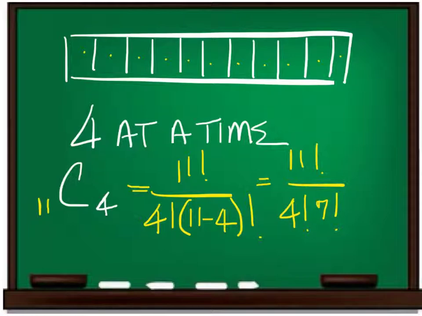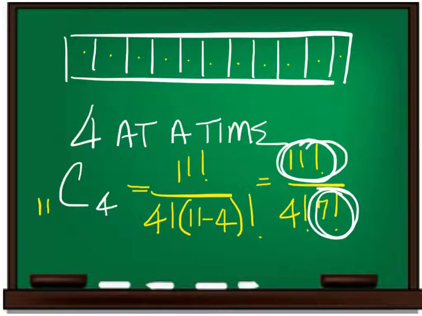So we have to simplify what's left over here. Now, if I cancel 11 factorial with 7 factorial, there's going to be some numbers left over on top. What numbers would be left over on top? Remember the shortcut from before.